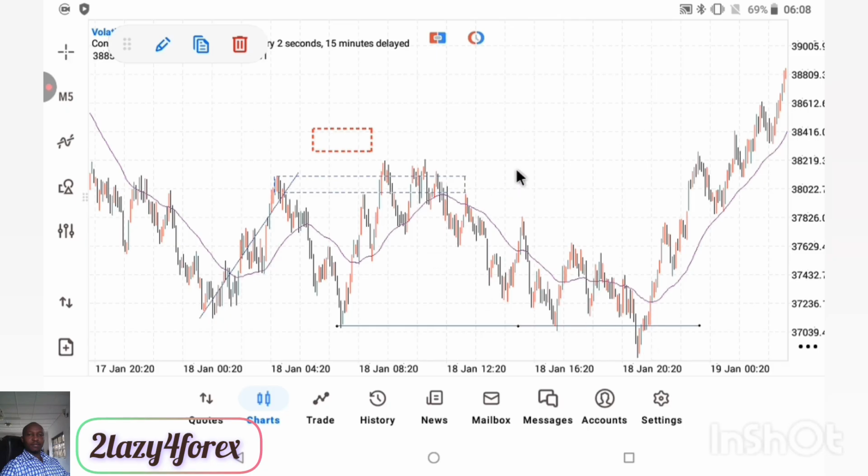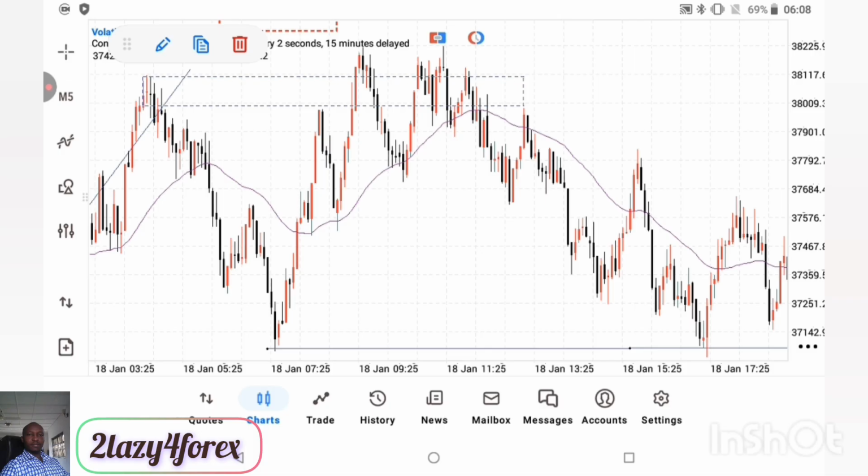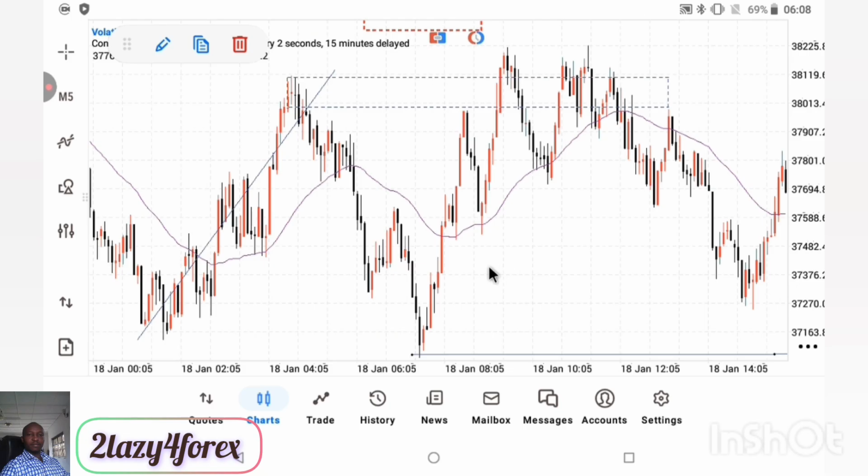So this is one very simple and very, very funny and very, very interesting trading strategy. You don't have to do anything. Just plot your 50 moving average, MA50. Plot it on your chart, on your 5 minutes chart. Wait for price to pull back. This is your pullback. That is why I have the trend line to mark the pullback.